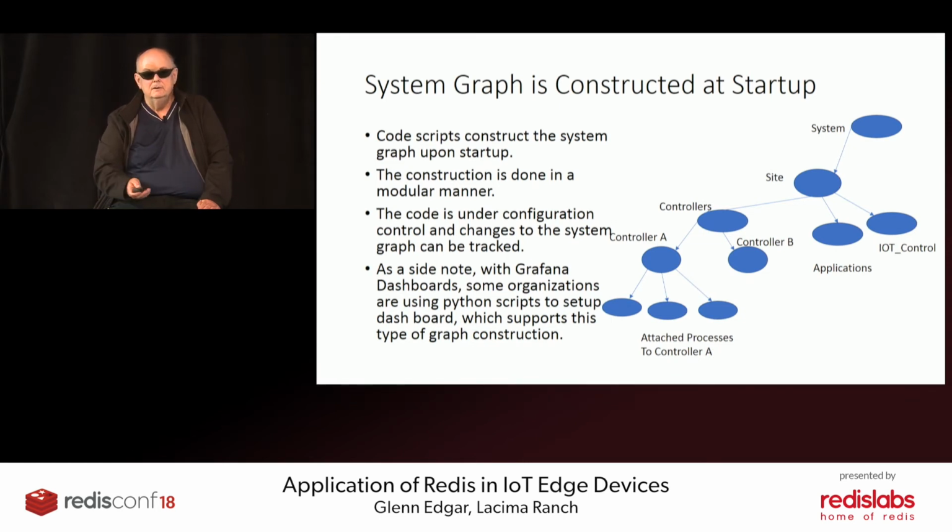As a side note, on my YouTube channel, I noticed that at a Grafana conference, a lot of the organizers were using Python scripts to construct the dashboards instead of doing it graphically. That's the same conclusion I have. So your graph is actually code that you put under configuration control. I mean, the thing that constructs the graph.